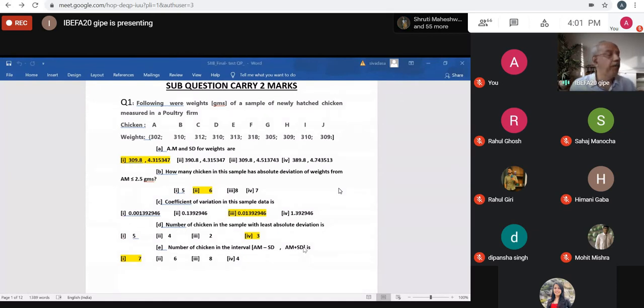Following were weights in grams of a sample of newly hatched chicken measured in a poultry farm. A, B, C, D, E up to J. Their weights are given. Arithmetic mean and standard deviation for weights are options 1, 2, 3, 4. So using the R package, you have to compute both and see which of your answers tally with the option.